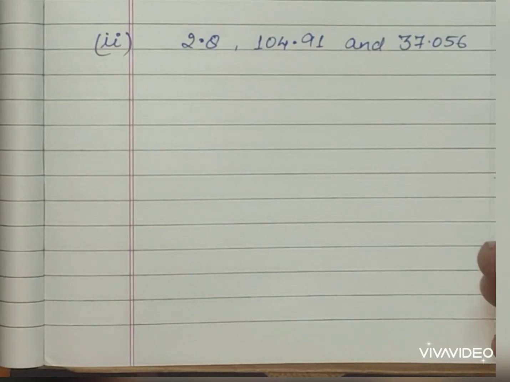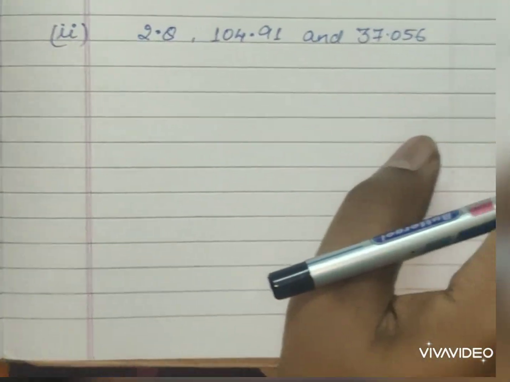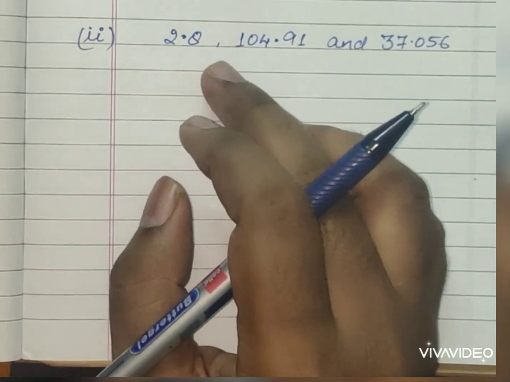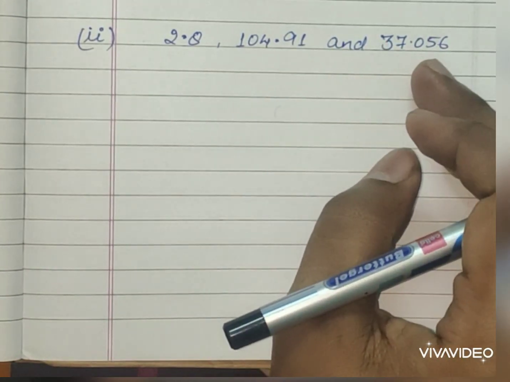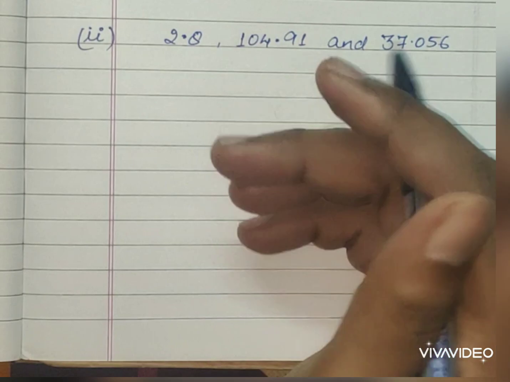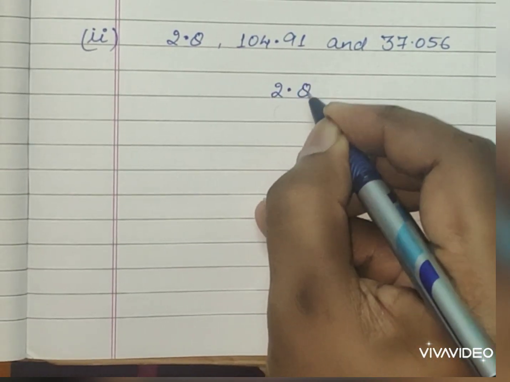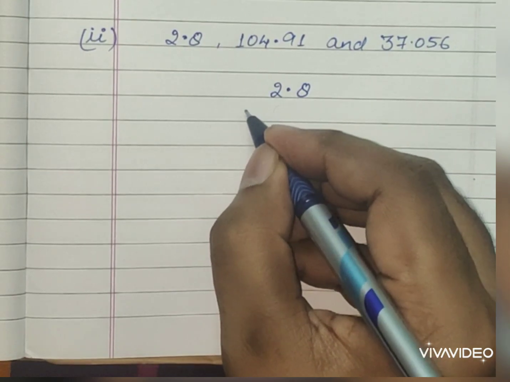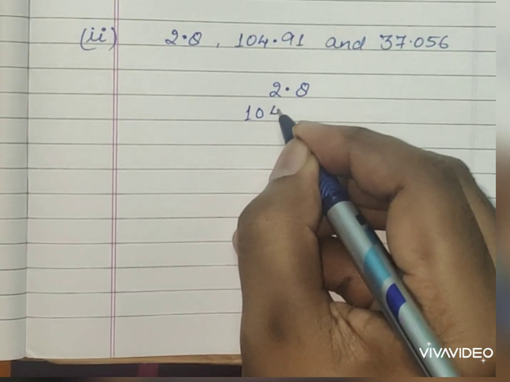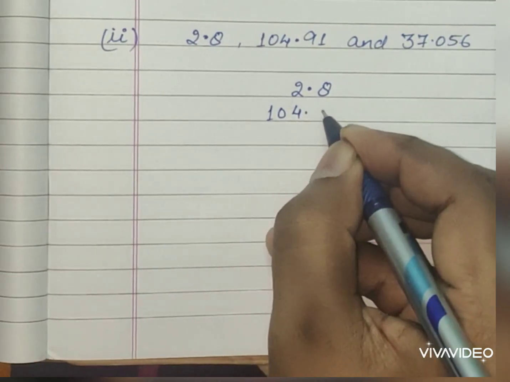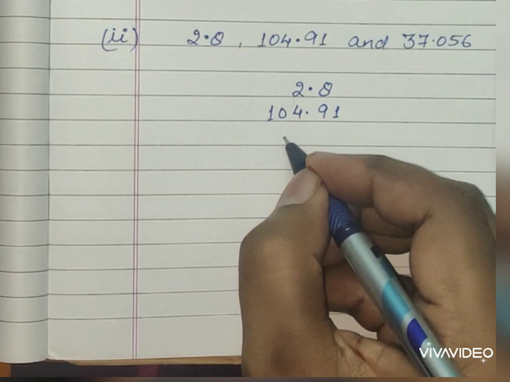Now let's see one more question based on it. As the question is given to you: 2.8, 104.91 and 37.056. So arrange them again in a proper way, that each number should lie below one another and the decimal also should be arranged in a vertical line.